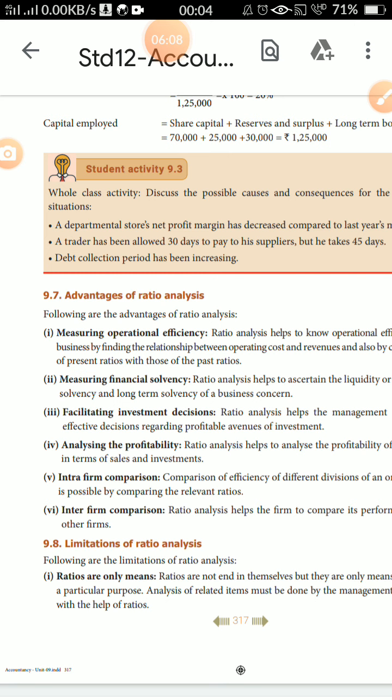Next one, consistency in preparation of financial statements. Inter-firm comparison with the help of ratios will be meaningful only if the firms follow uniform accounting and produce consistent statements. Based on the financial statement, the ratio shows production for the upcoming year, and more production means more investment.